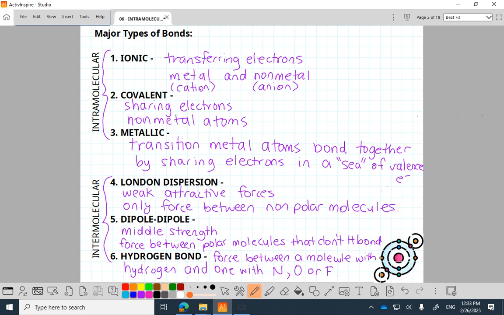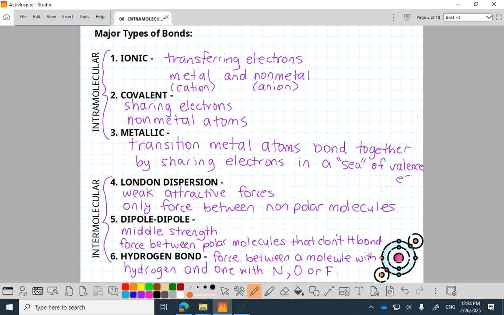Okay, so what I wanted to do was get them out of the way. When we talk about strength, ionic versus covalent versus metallic, it's difficult in grade 11 to decide which is stronger and which is weaker. You don't have to worry about that. That would be like you have become a metallurgist.